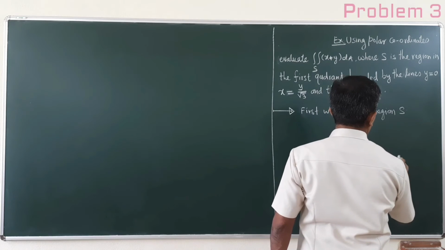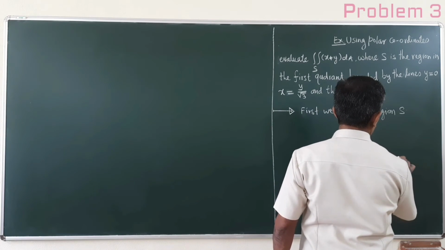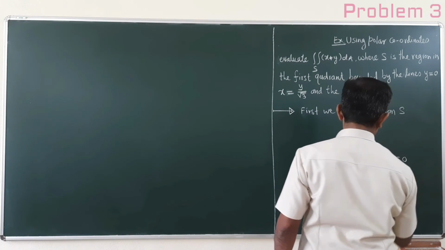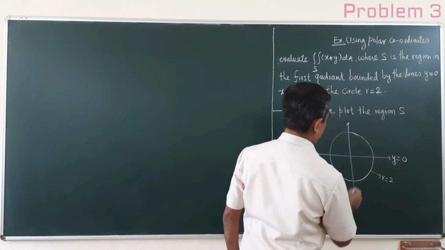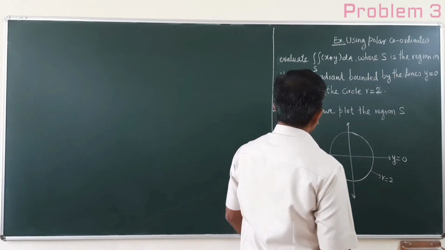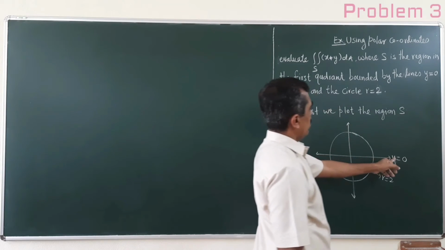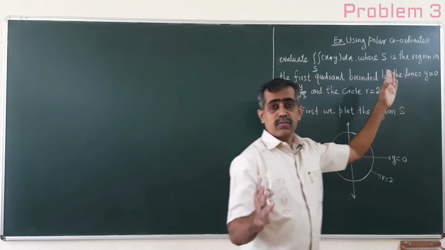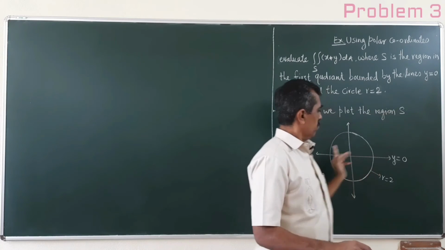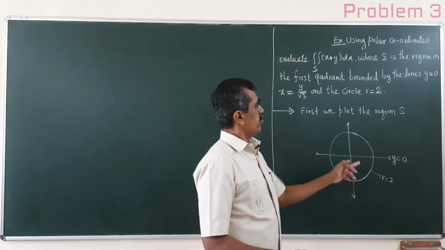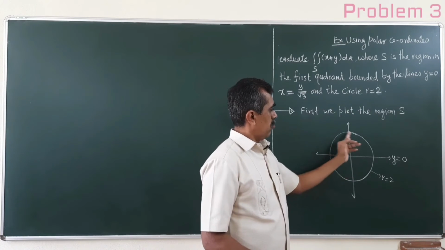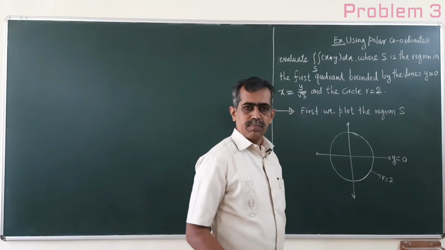This is my x-axis, so it is y is equal to 0. This is our y-axis. I have plotted two things: y is equal to 0, this line, the x-axis, and then the circle r is equal to 2, a circle of radius 2.